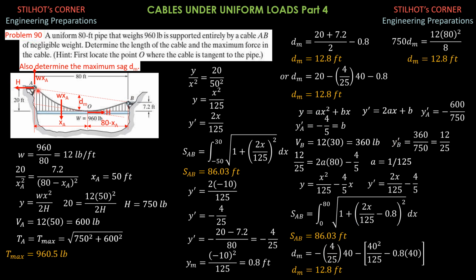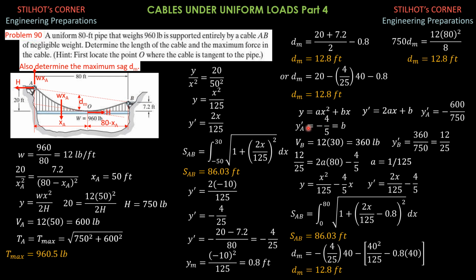If the origin is at A, then the equation of the cable in general is the general quadratic equation ax squared plus bx plus c. But when x is 0, y is 0, so c is 0. The equation of the cable with A as the origin reduces to that. So y prime, the derivative, is 2ax plus b, and y prime at A is negative because the slope is down to the right, and that negative slope is the negative of the vertical component V sub A, 600, divided by H, which is 750.